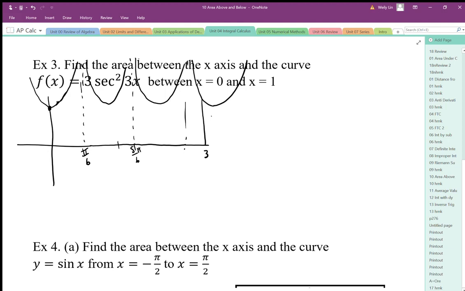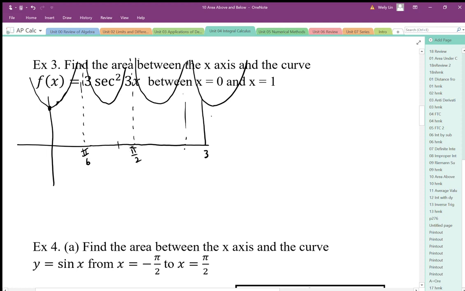Yeah, that looks about right. So that's going to be not 5 pi over 6, but pi over 2. We're going to add 1/3 pi there.